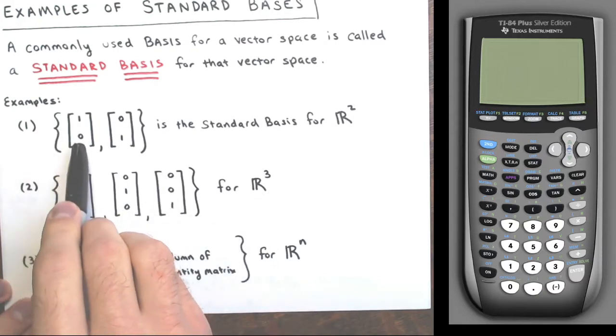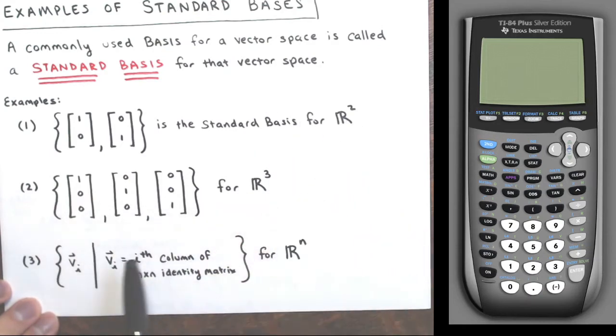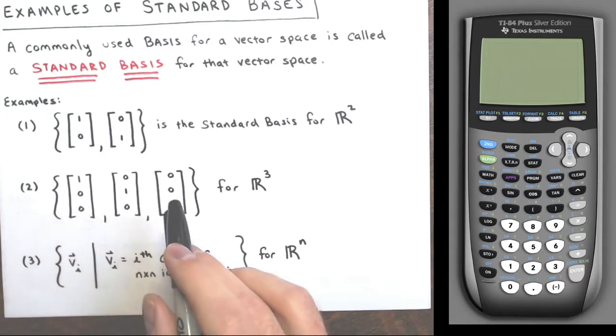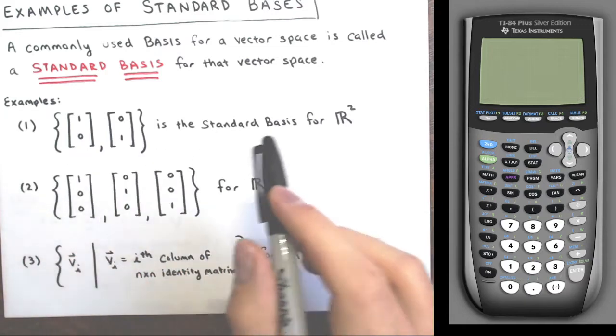And this would be v1 and v2 if I was talking about R2. So vi is the ith column of the n by n identity matrix, and that would have n vectors in it, because there are n columns in the n by n identity matrix, just like there are 3 columns here in R3, 2 in R2.